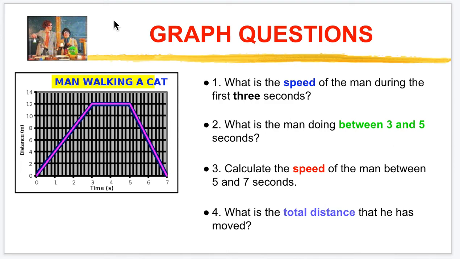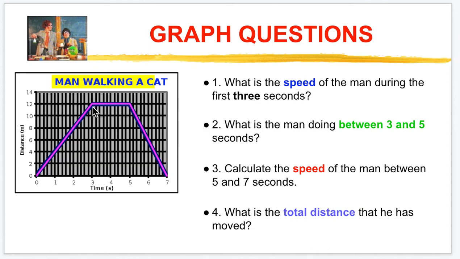What is the speed of the man during the first 3 seconds? Okay, 1, 2, 3 seconds. I see that right here. So I am looking at this line. At 1 second, 4 meters, 2 seconds, 8 meters, 3 seconds, 12 meters.